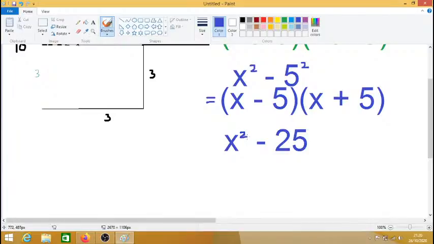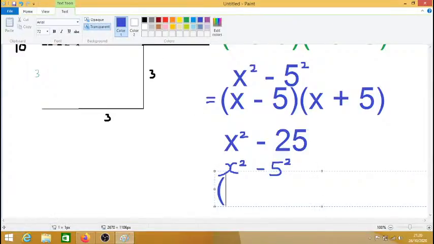Then you would just think, okay, if the area of the small square is 25, then each side must be 5. So you would just square root that in your head, and then you could say, right, now I know I've got my short side, which is x take away 5, and my big side, which is x plus 5.